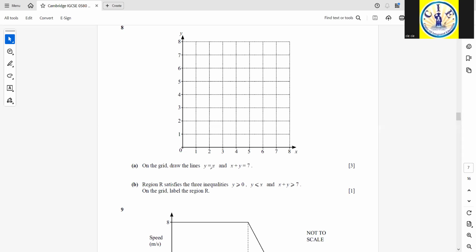On the grid, draw the lines y equals x and x plus y equals 7. For y equals x, the graph is straightforward, like this.